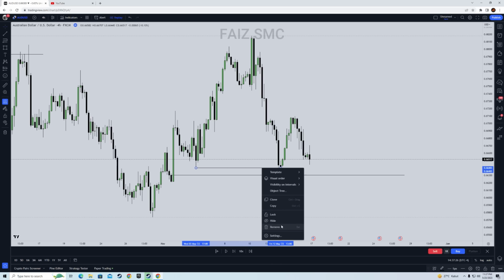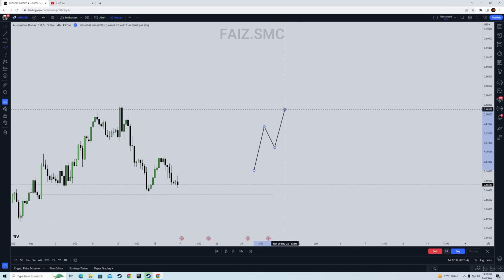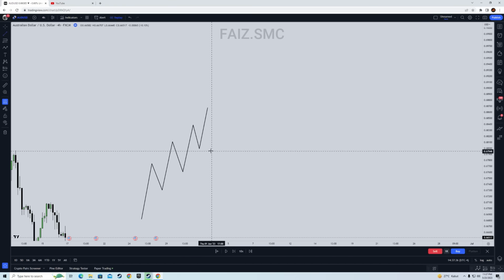Now one thing you should know is that price can make something like that, and you can mark this as your liquidity level and this as your order block. Price can take out both of these lows and react from this low here.